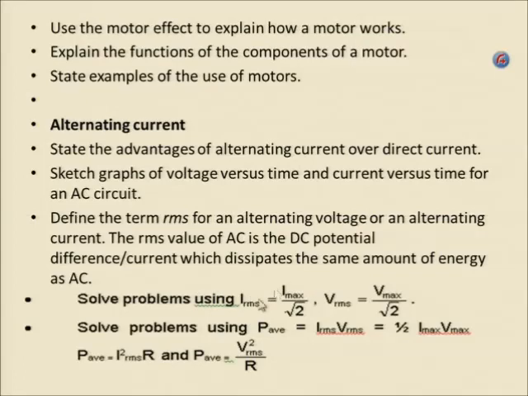If I know the root mean square, I can calculate the maximum current for alternating current, and the same for potential difference. So you will see that these two formulas are actually very simple. It's a simple one-step, one value substitution, divide by the square root of 2 and that will give me the answer.